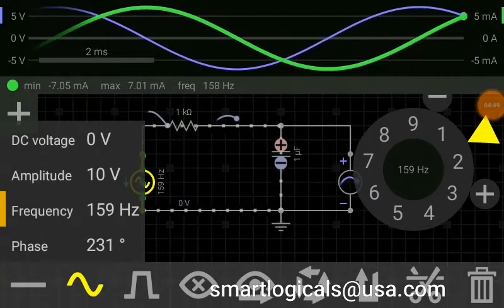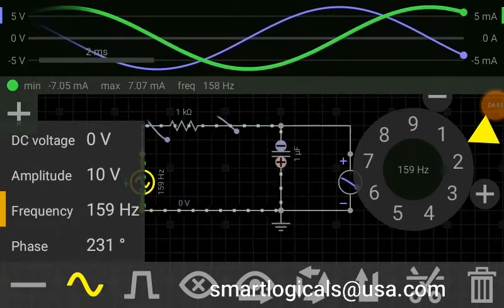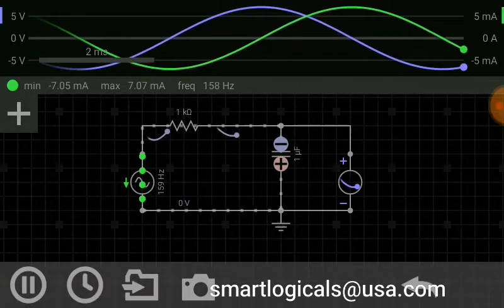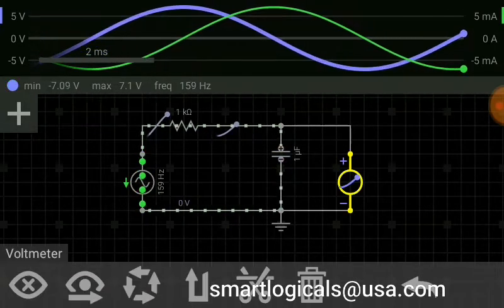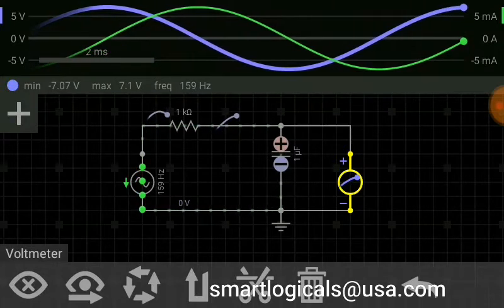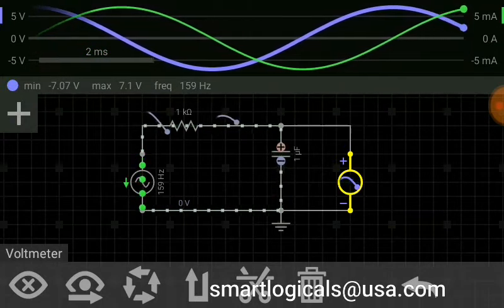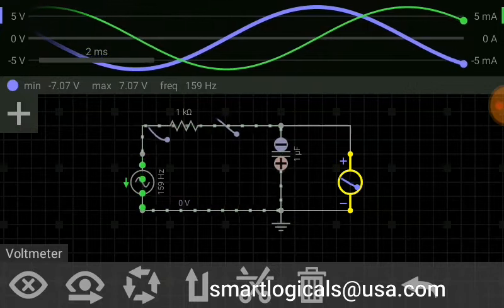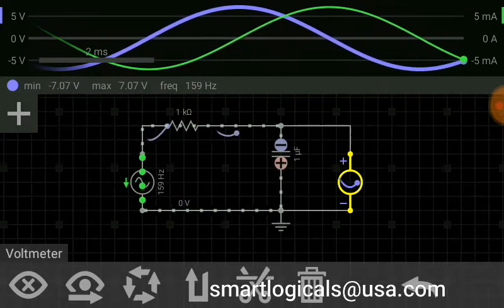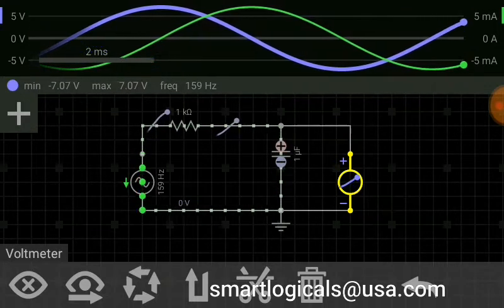Oh, what is the output? Yes, 7.07 volts. Right, friends?